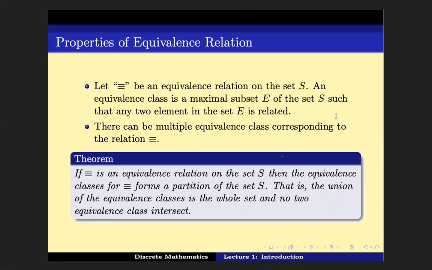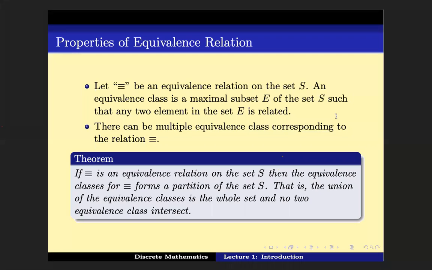I kind of hand waved there. I said that if x and y are in the same class and y and z are in the same class, then x and z must be in the same class. But why is it the case? You have to prove it. It follows from the fact that we are dealing with an equivalence relation. So the definition of classes makes sense.